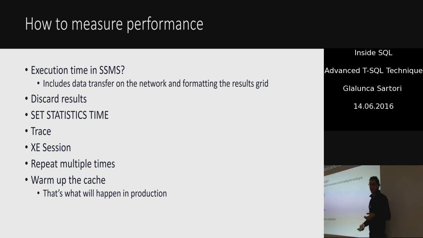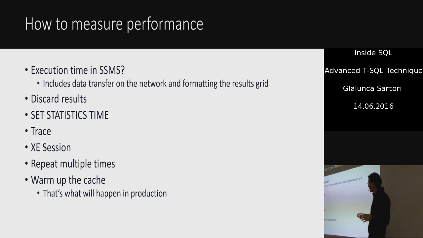And in case it's a big table, so lots of rows or lots of columns, that time will be even more than the time it takes to execute the query itself. And also, that execution time in Management Studio contains the time it takes to format the data into the grid. So it doesn't only show the real execution time of the query.